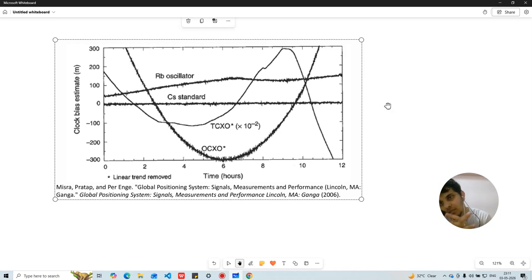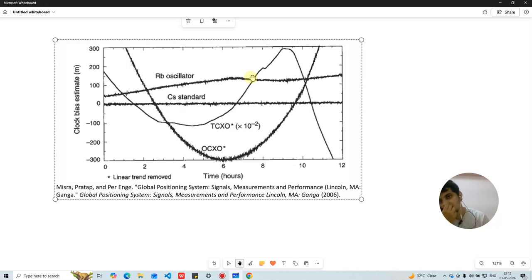Okay, clock bias estimate in meters: RB oscillator, CS oscillator, OCXO. What was OCXO? We just studied it. Temperature control, oven controlled crystal oscillator.